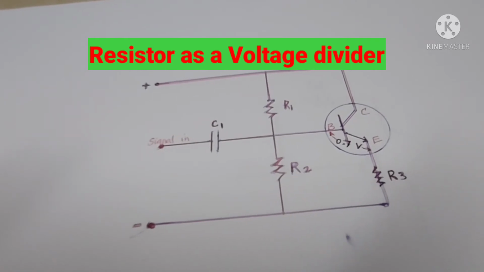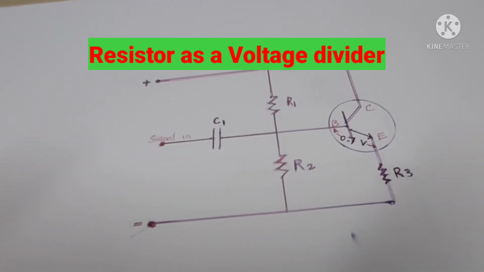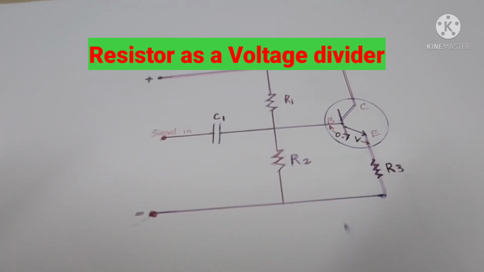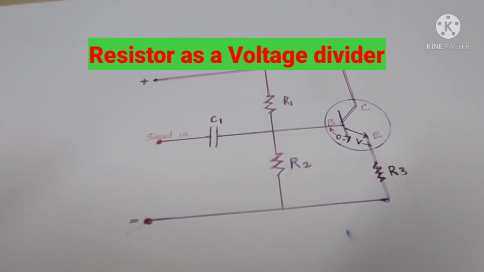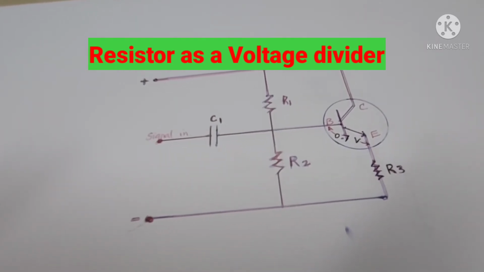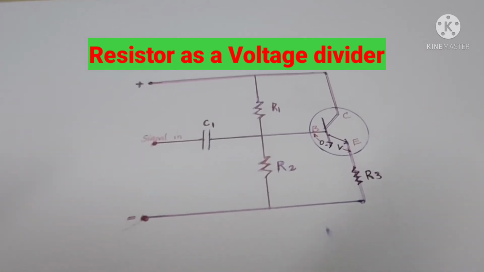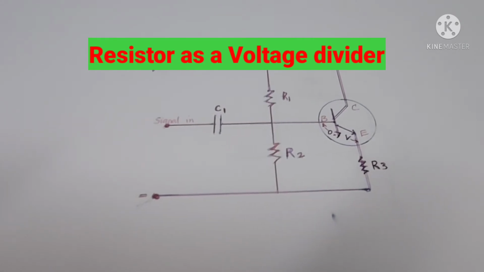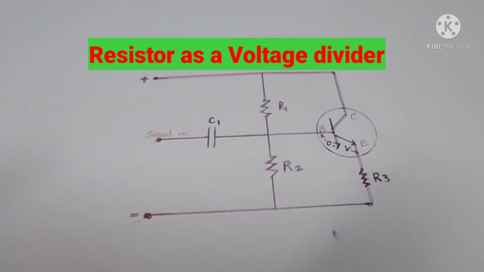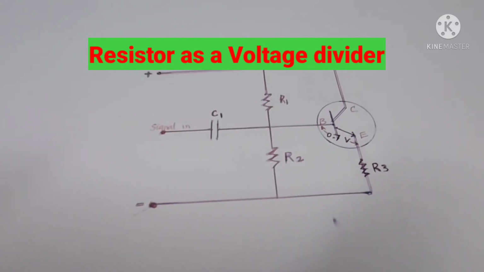They will limit the current flow to obtain the required voltage in the transistor. This is an example of a voltage divider resistor.